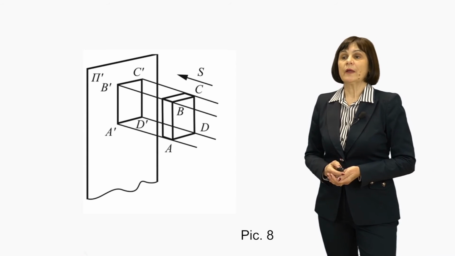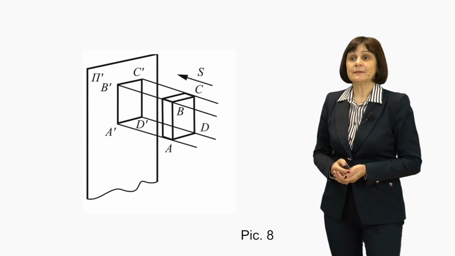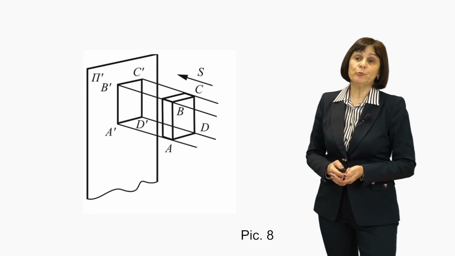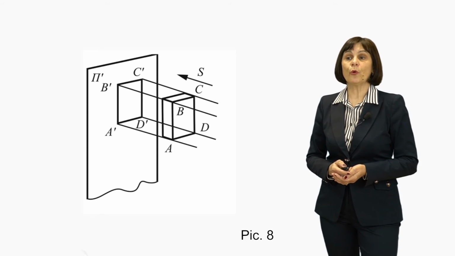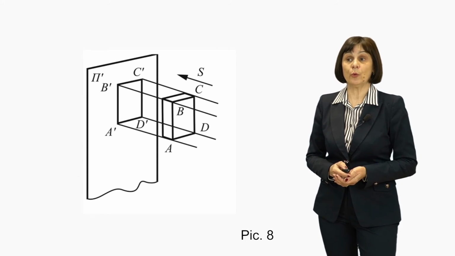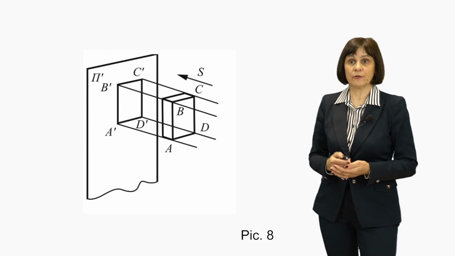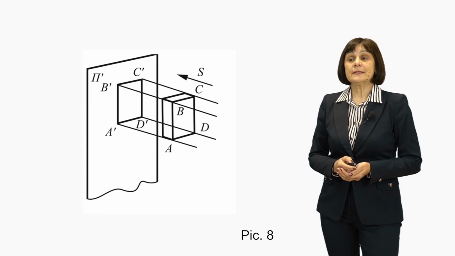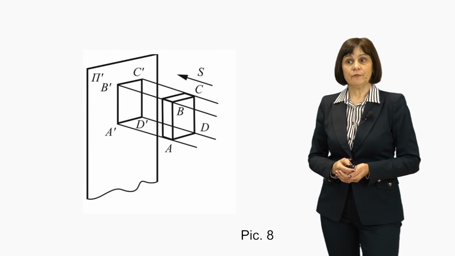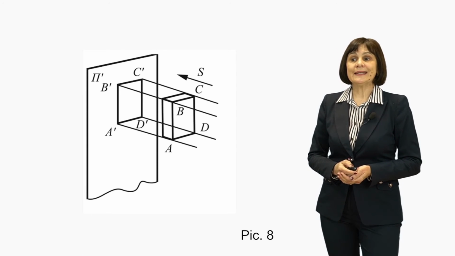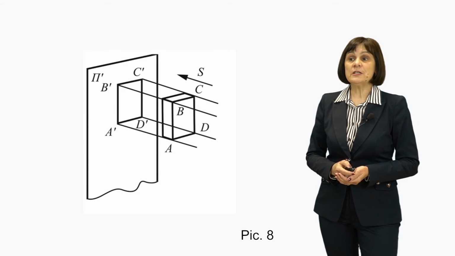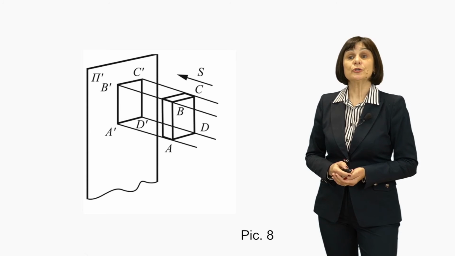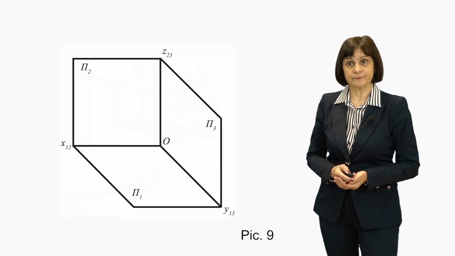You know that for a complete description of an object, we need 2 or 3 images of the object on the plane. Such an image is named a view. A view is an image of a visible part of the object turned to the observer.